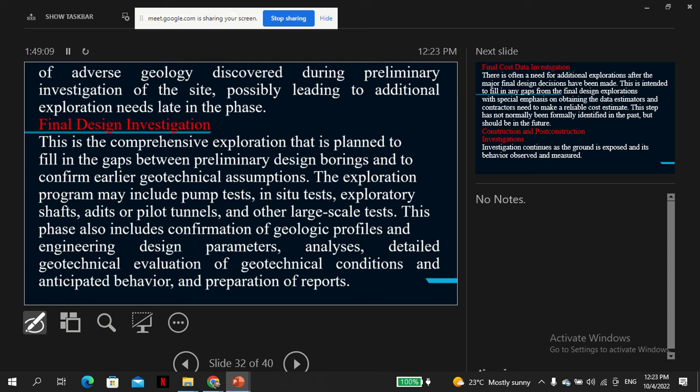So from literature, from what is written, now you go to the site to see for yourself whether these are actually true or not. And then even as you do this on site, you have to write a report.